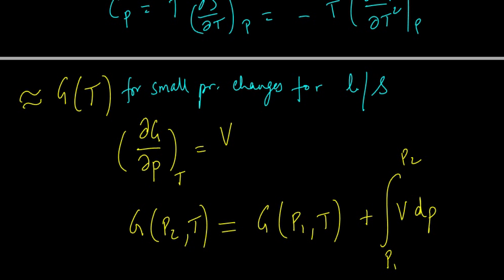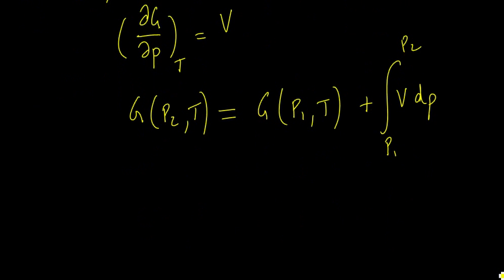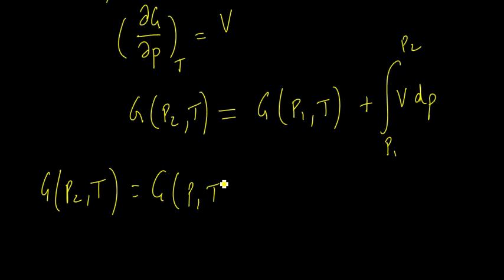But in the case of gases, we could just take an ideal gas, for example, and what we would get is G at pressure 2, temperature T, is equal to G at pressure 1, temperature T, plus RT log P2 by P1.